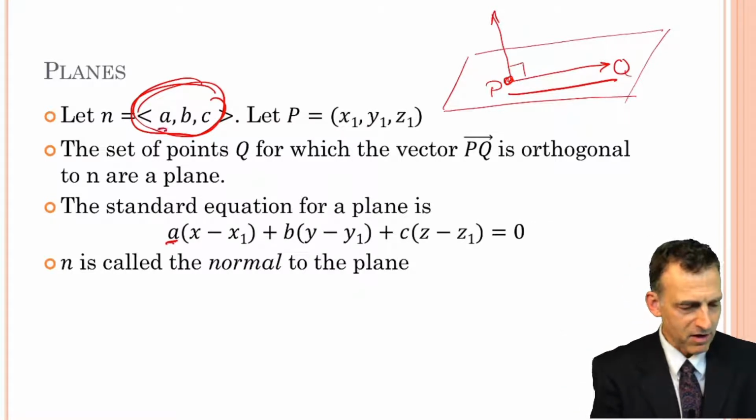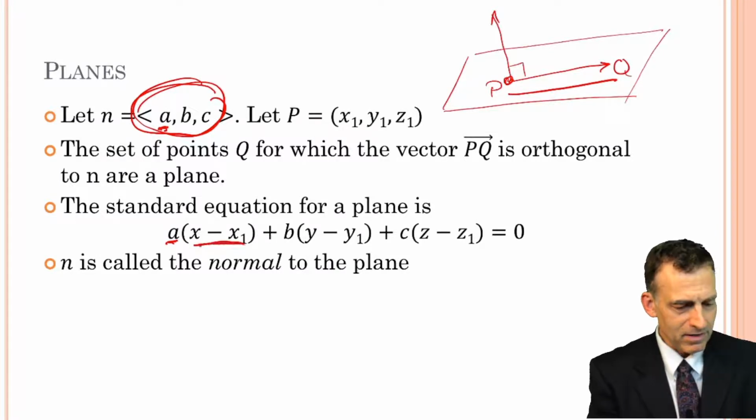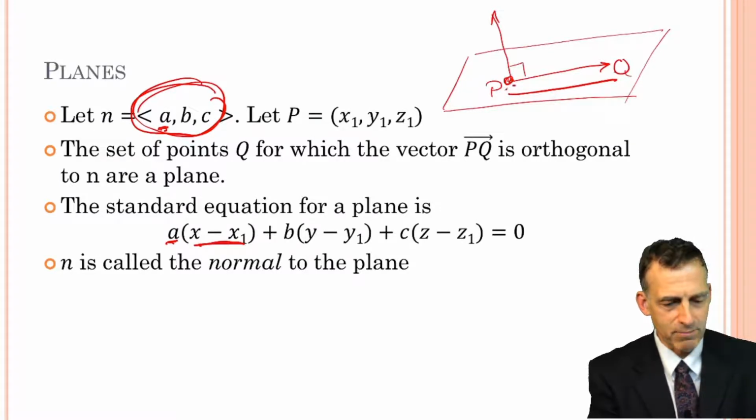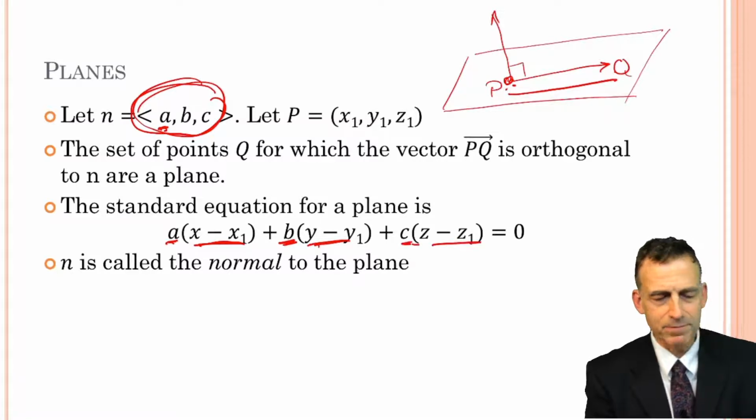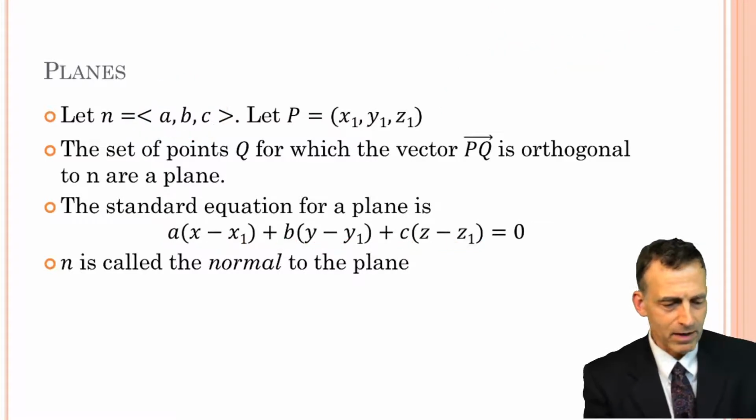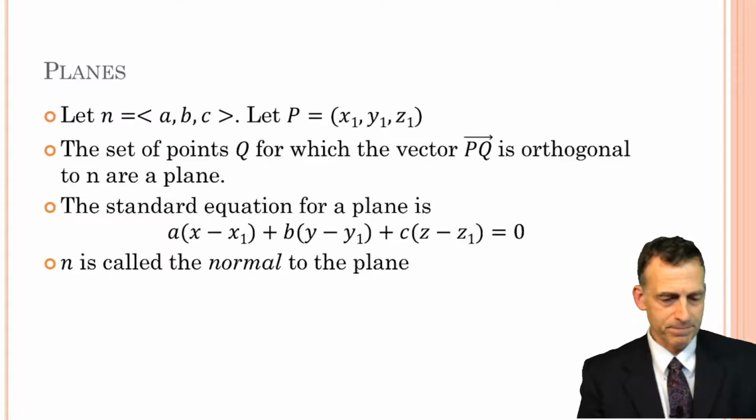Here's the first component of the normal, and then this would be the difference between P and Q. Then you have the second component and the difference between the y values, and then the third component. But the main thing you should know is that this is the general form of a plane, and that this vector is called the normal to the plane.